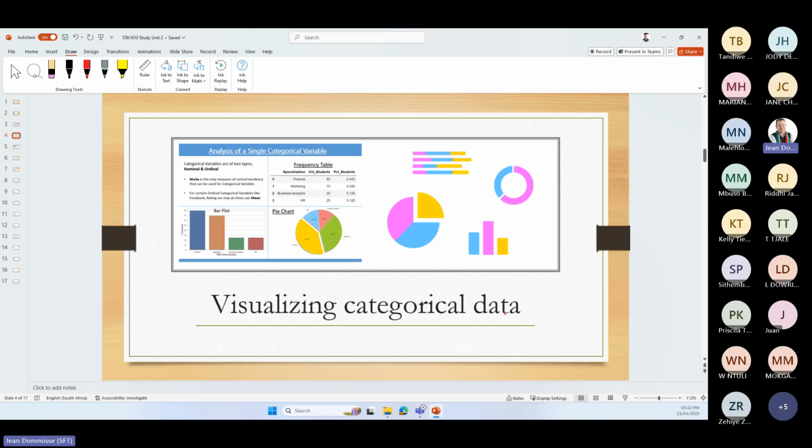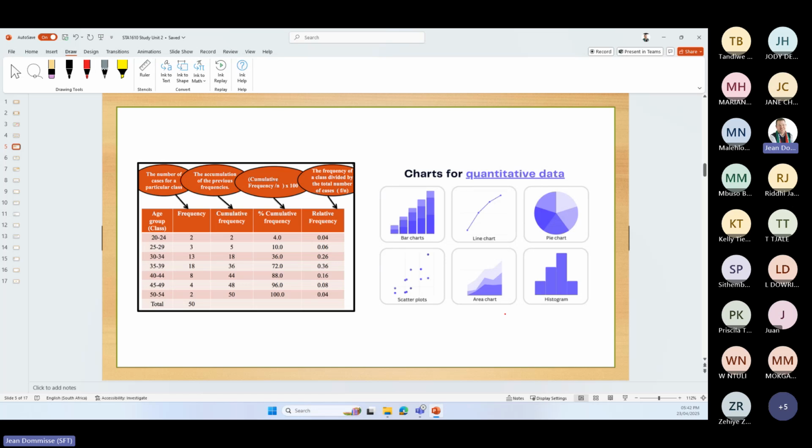Okay, so what we are also going to quickly show is your frequency table. So when we have it as quantitative, then we've got, say in this example, age categories. So there are 2 people that are between 20 and 24 years old.